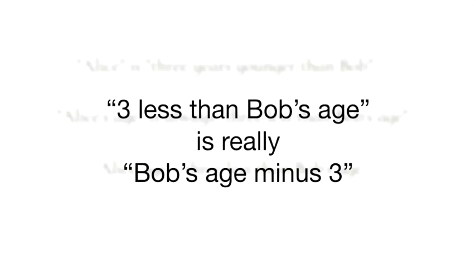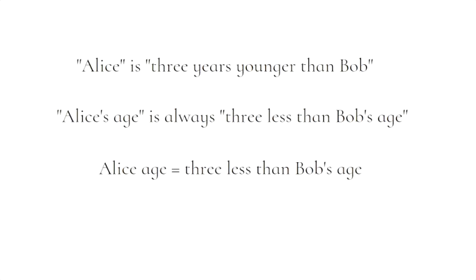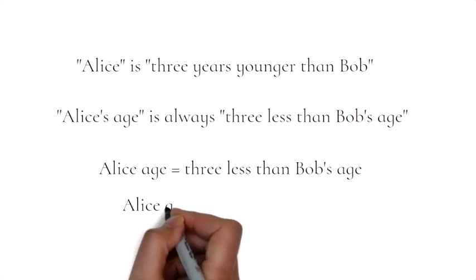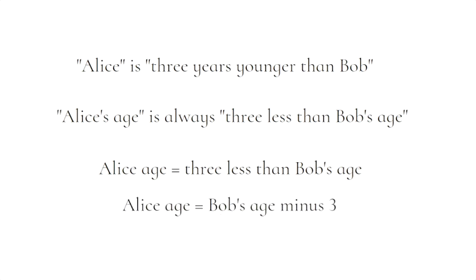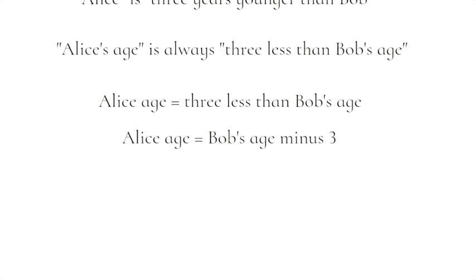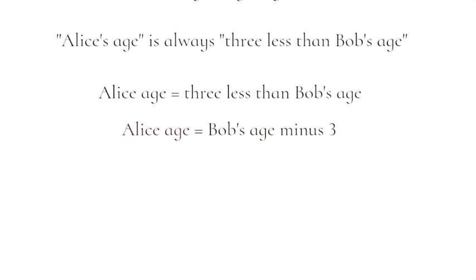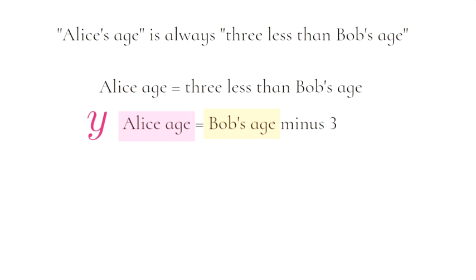Now, the statement 3 less than Bob's age is really Bob's age minus 3. So, Alice's age equals Bob's age minus 3. Next, if we use the symbol y for Alice's age and x for Bob's, we finally arrive at y equals x minus 3.